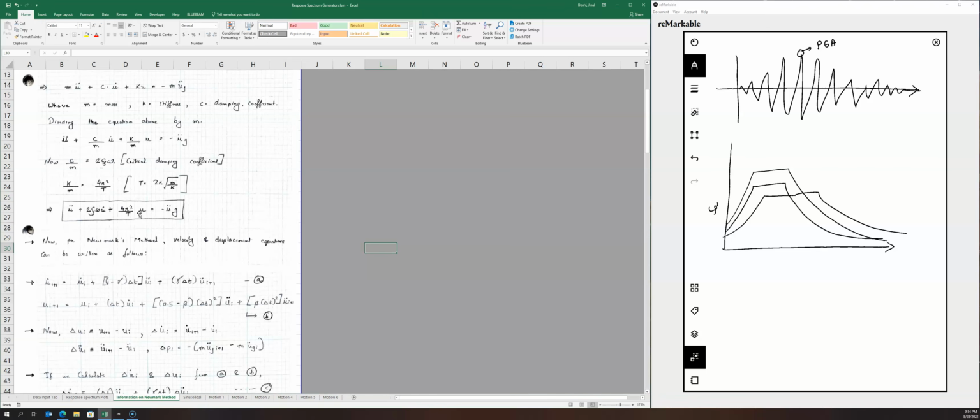How do you not have to take into account the mass of the building or the stiffness of the building? But we are accounting for one important characteristic, and that's the natural frequency of the building.